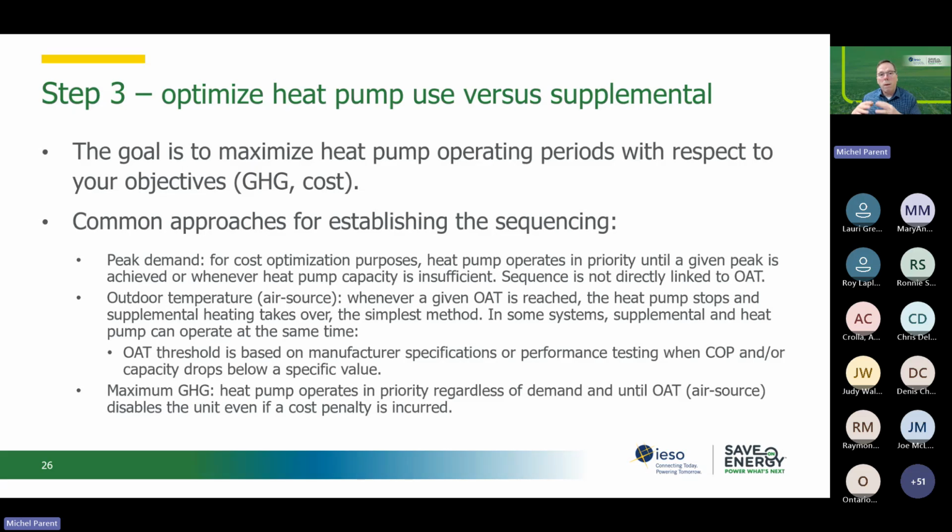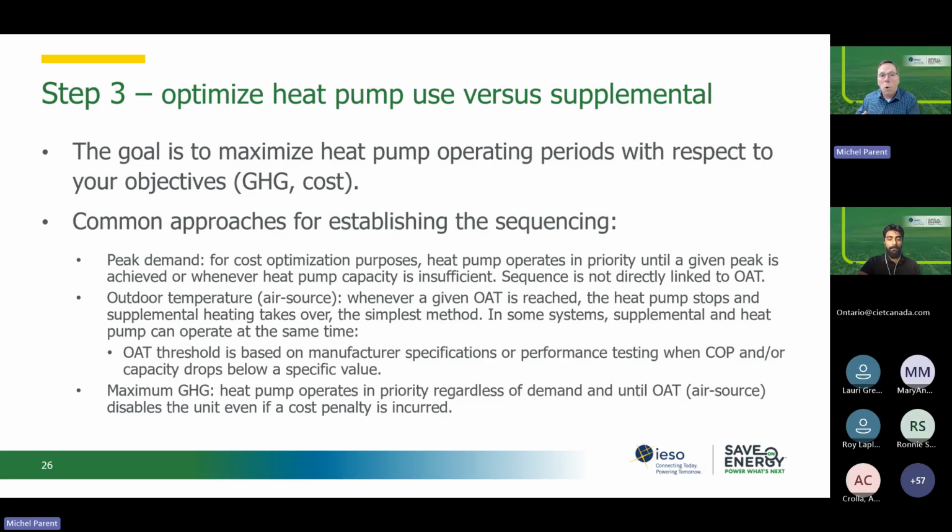So when you are air to air, usually you don't have that problem. When you're air to water or water to water, you can run into that problem. So you've got to be very careful in commissioning your control sequence so that your supplemental heating, when it works in hybrid mode, does not turn off your heat pump due to high temperature.